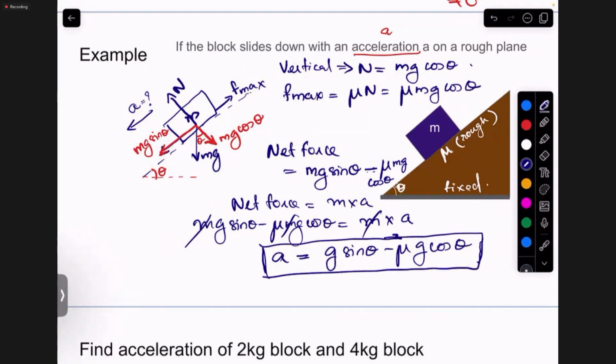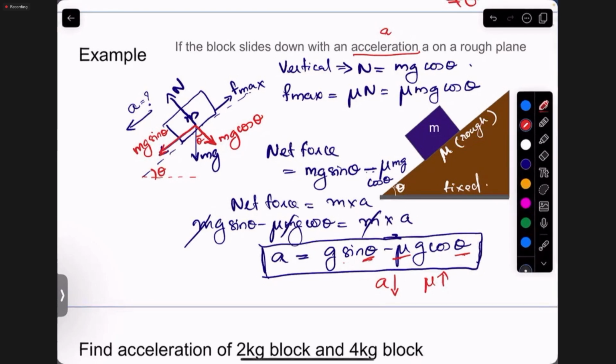So what contributes to the acceleration? The angle of the inclined plane and mu. If the surface is very rough, that means the mu value is higher, then the acceleration will reduce. The acceleration is lower when mu is larger. Depending on theta, both sin theta and cos theta have theta in them.